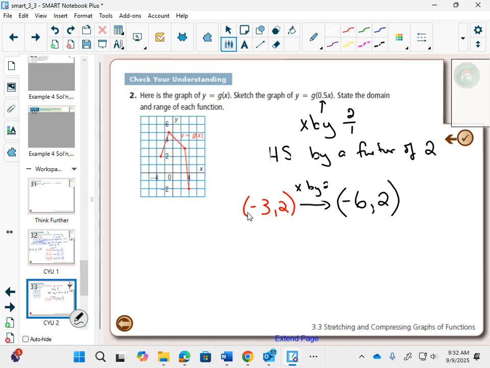And we could go and label that point -6, 2. This one will double to there. This one's at 3, so it will become 6. This one's at 4. It will become 8. So we can just multiply each of our x values by 2.